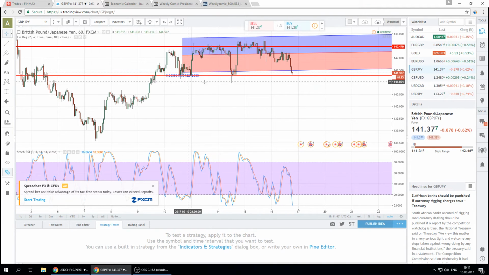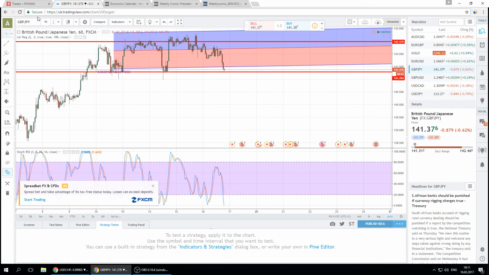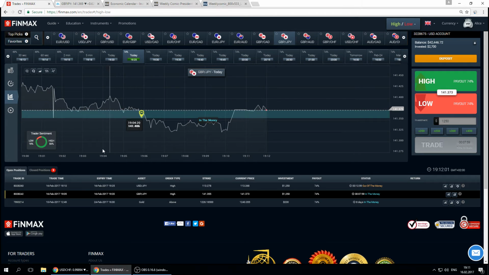The price is pretty rarely breaking through the line of resistance or the line of support. Usually they are testing.